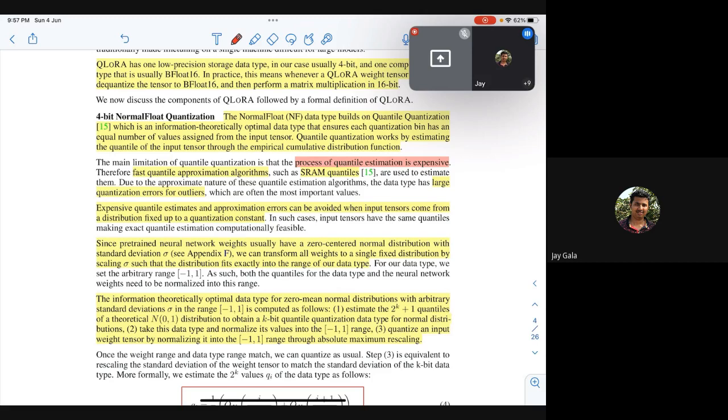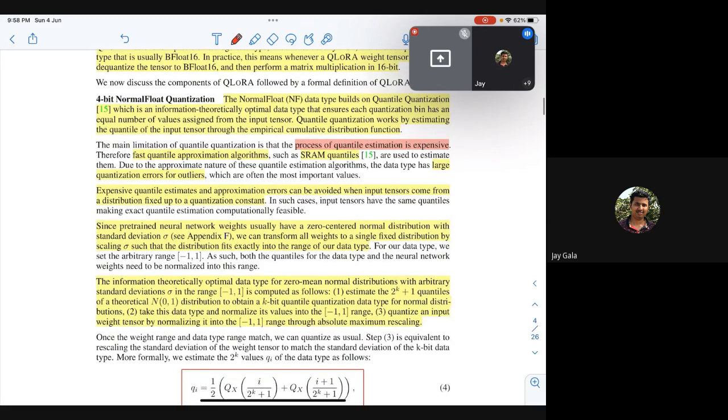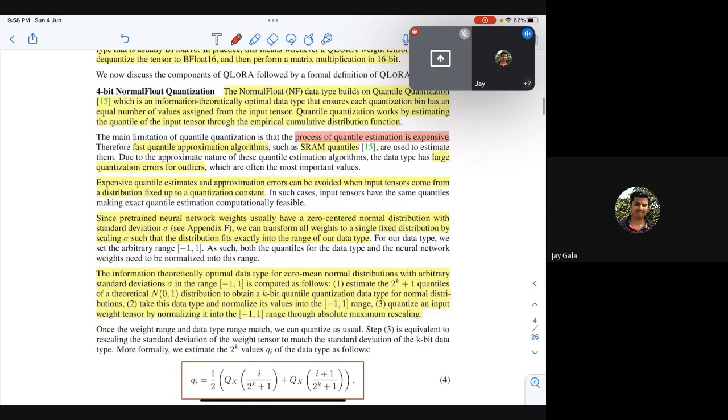When you do this quantization, they do the estimation by considering the empirical cumulative distribution function. And typically, estimating the quantization is very expensive, and there are several approaches for approximating it and speeding up the process.